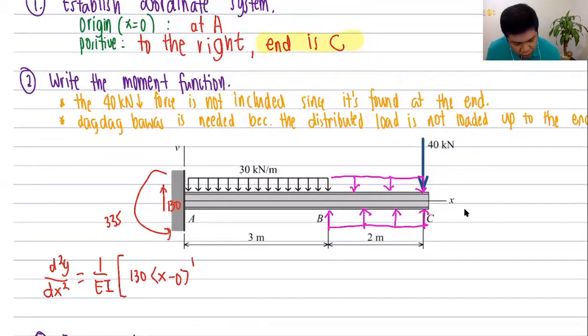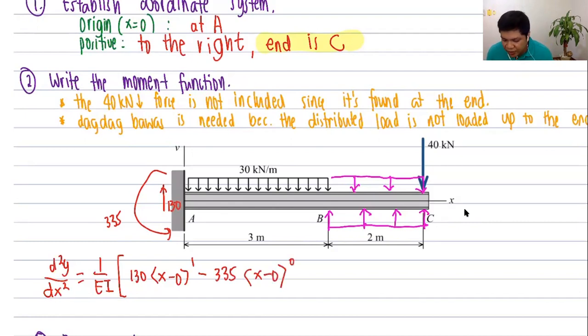This support moment reaction is 335, positive or negative? It's counterclockwise, so that's negative, times x minus 0 raised to 0.